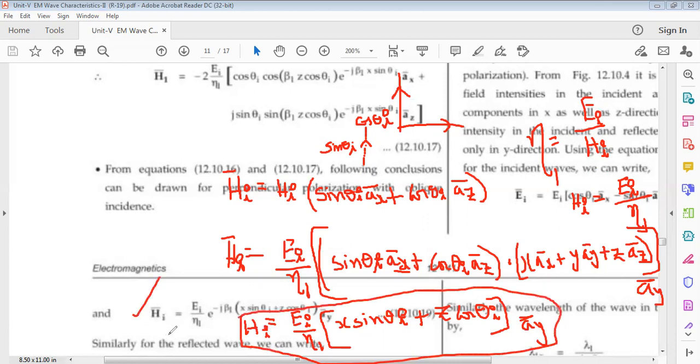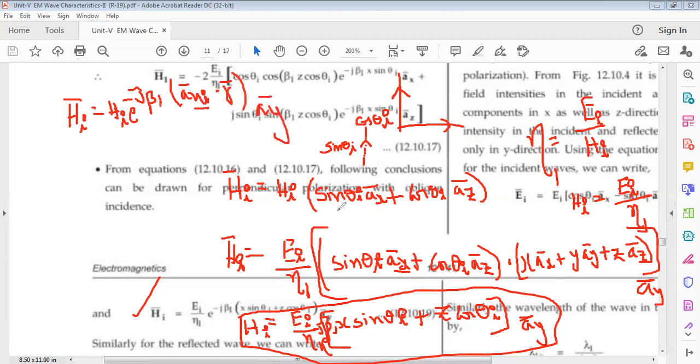Now we got the same thing. HI bar is equal to EI by the eta 1 e power minus j beta 1 into something. What it is: HI bar is equal to HI into e power minus j beta 1 into ANI bar dot R bar into AY bar.